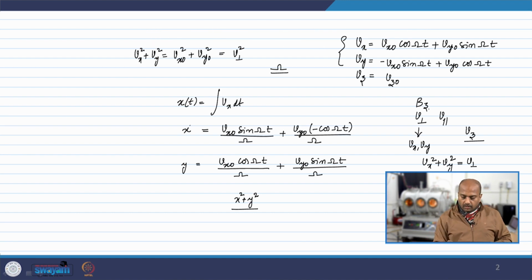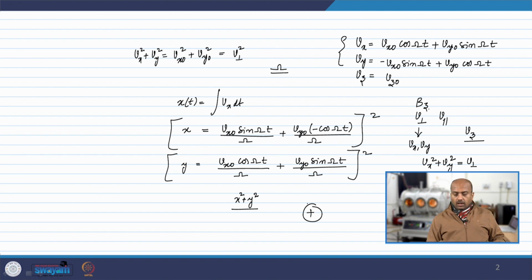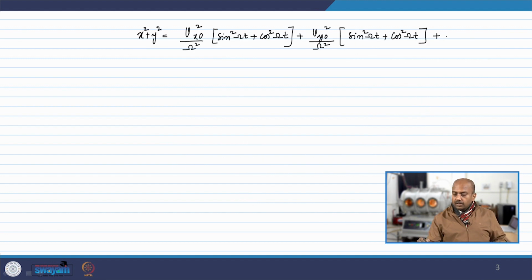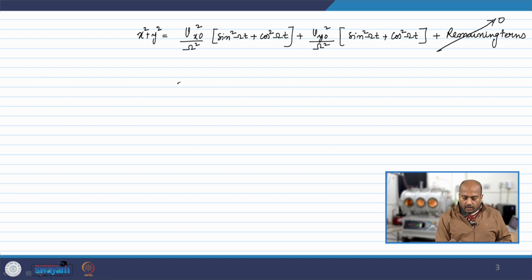You see, what I have done is I have taken this expression, squared it, taken this, squared it, and added both. So this is a plus b square, a minus b square, and this is a plus b square. So adding all these terms, we can realize easily that all the remaining other terms will get cancelled.